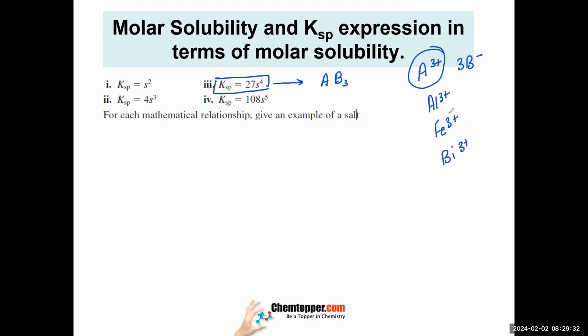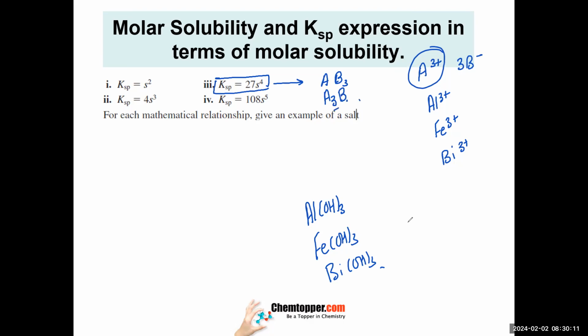These are the popular cations with 3 plus, so you can make salts with them. But don't make chloride, bromide, iodide. Check rule number 2: chlorides, bromides, iodides are strong electrolytes. So you can pick up something like Al(OH)3, rule number 5 for hydroxide. You can pick up Fe(OH)3, Bi(OH)3, these kinds of compounds. Or you can take A3B.